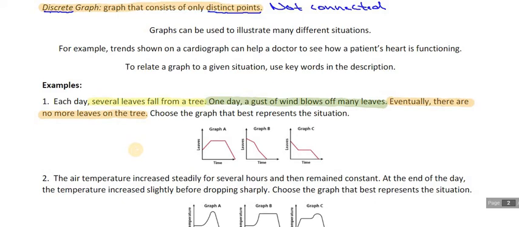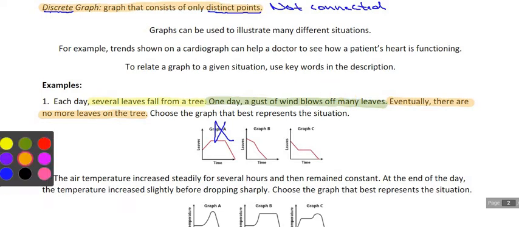So graph A is wrong. Graph B is decreasing to start, as is graph C. So B and C are both in play after this first piece. Now the second piece says that the gust of wind blows off many leaves. So there's a whole lot of leaves falling off at once.